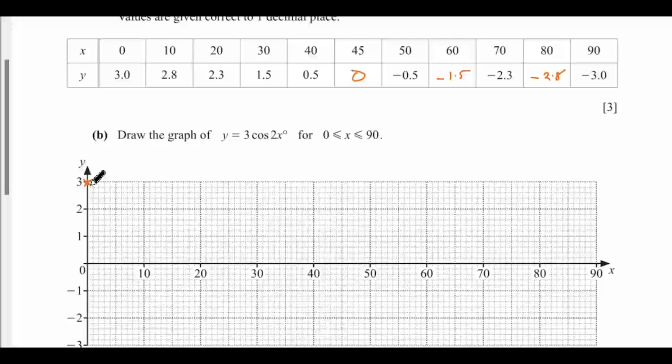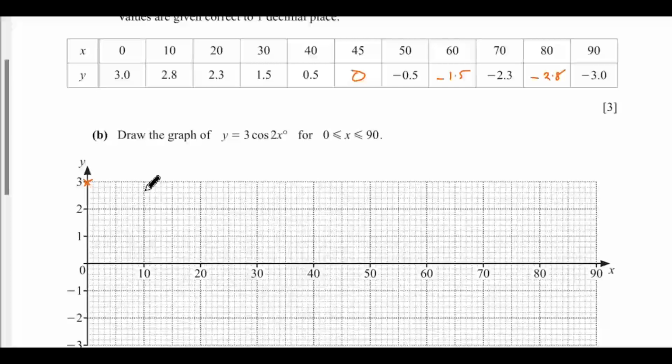Then when x equals 10, y equals 2.8. So 2.8 will be around here. Each line is 0.2, so you have 2, 2.2, 2.4, 2.6.